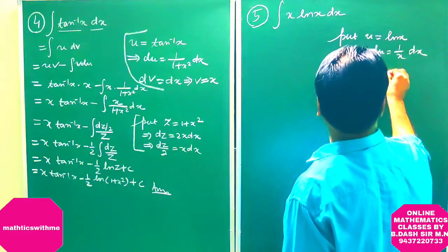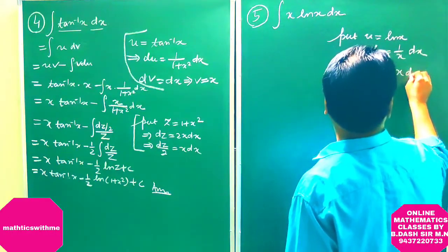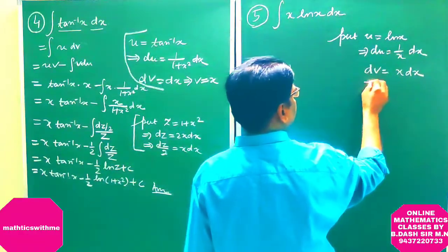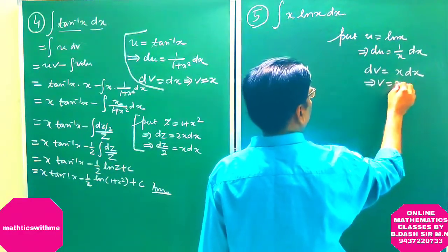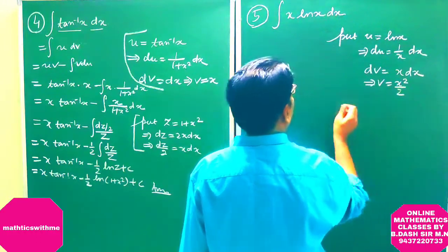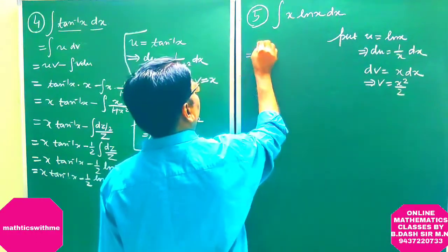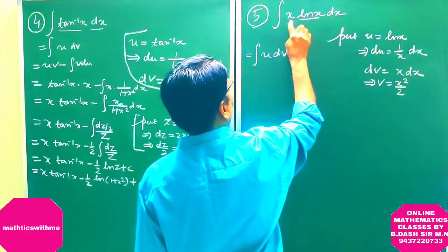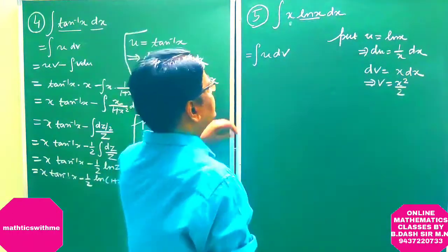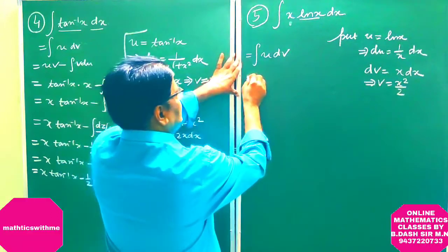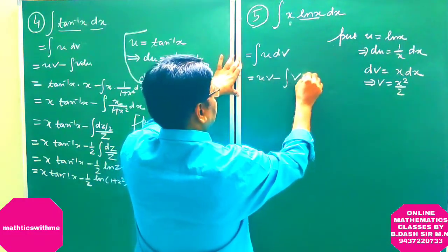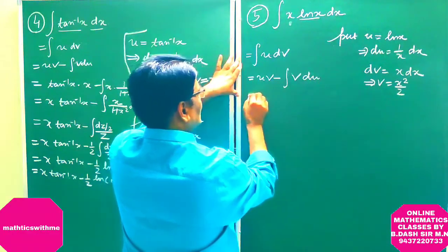Then dv is equal to x dx. So v is equal to x square by 2. So the given integral is u dv. This is u and this with dx is dv. So this is uv minus the integration of v du.